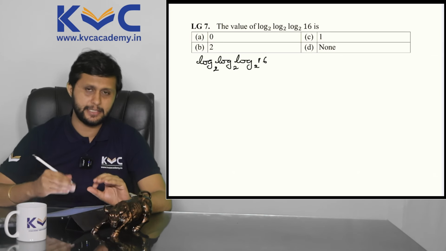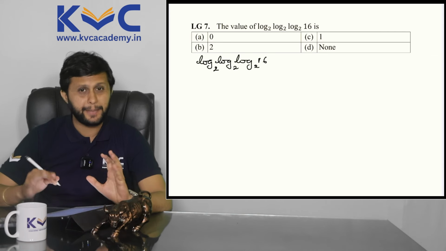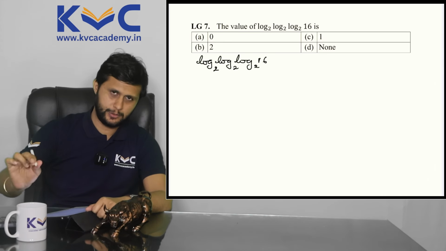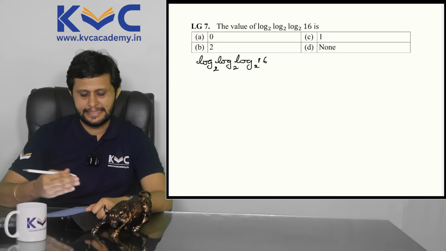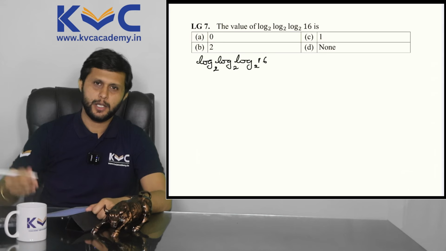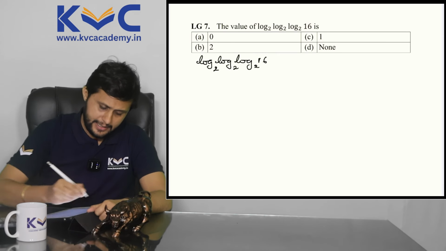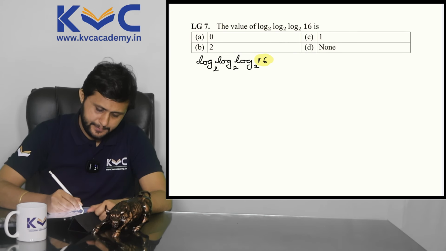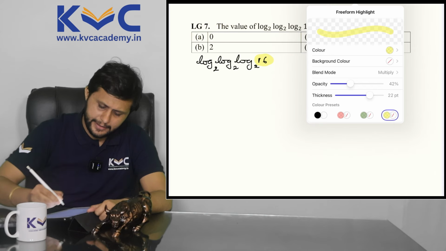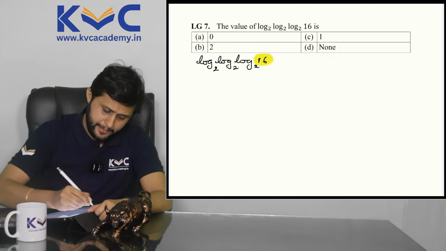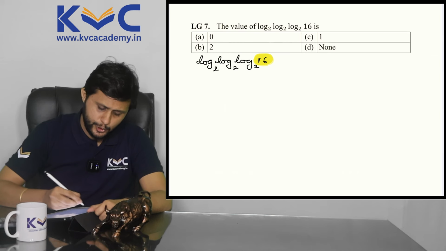Also, the ending number is 16. By now, I know that 16 is a perfect power of 2. It's 2 to the power 4. If I can write it that way, easily I can simplify it and get the answer. So I'll go for the regular method over here. This 16 can be rewritten as 2 to the power 4.